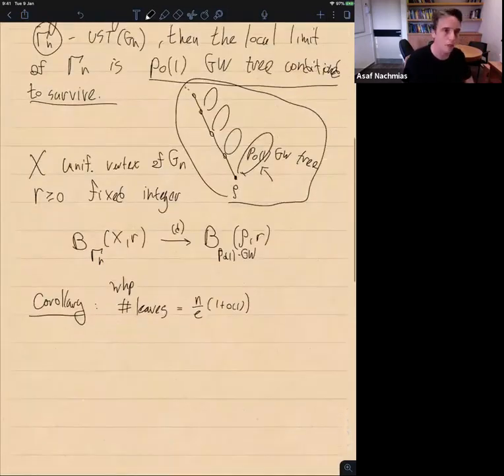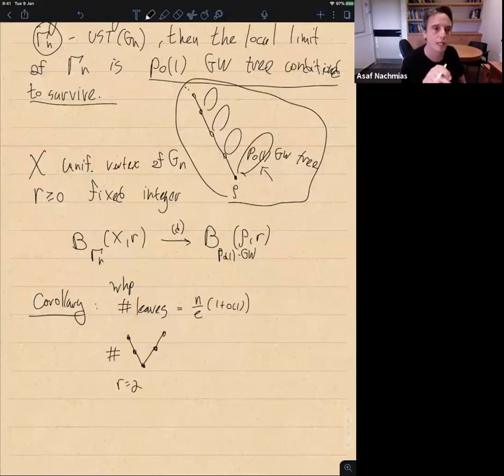Or let's take something more complicated. The theorem tells you all of these finite structures you can calculate exactly. If you want to compute the number of vertices such that, let's do something slightly more complicated, so this is r equals 2, and you want to say what is the probability that you see this object when x is chosen, when the uniform point is chosen randomly, or alternatively, what is the frequency of this structure?